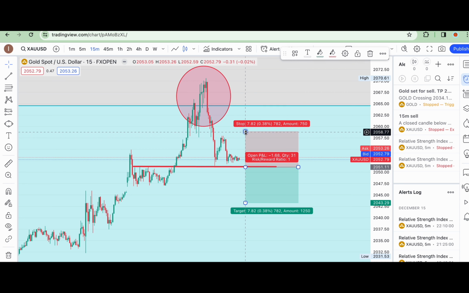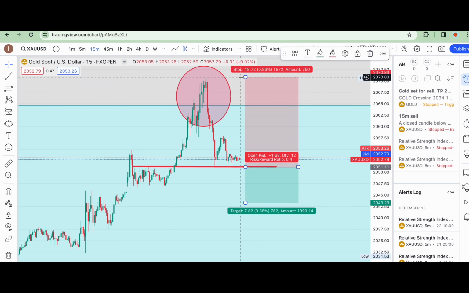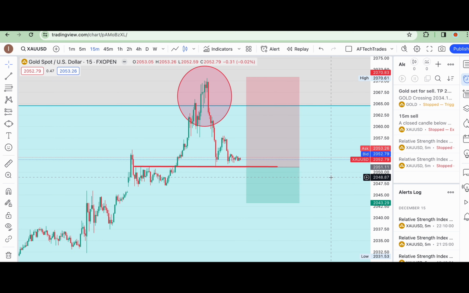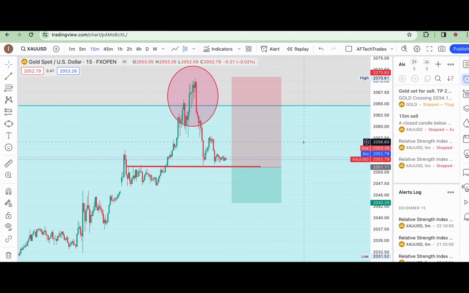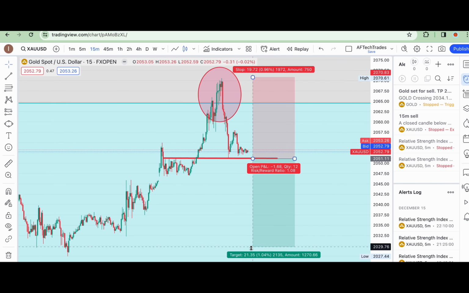My stop loss, to be on the safer side, would be to place it above here. We'll look at it. Then my take profit would be the next. In this case, it's going to be a very long one.